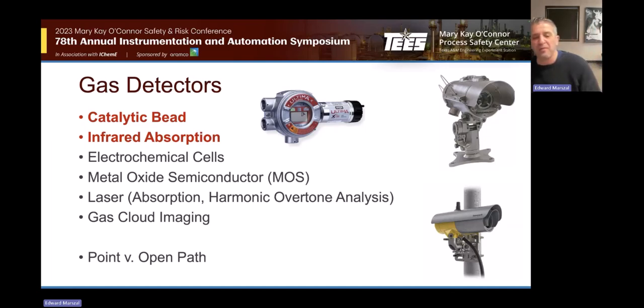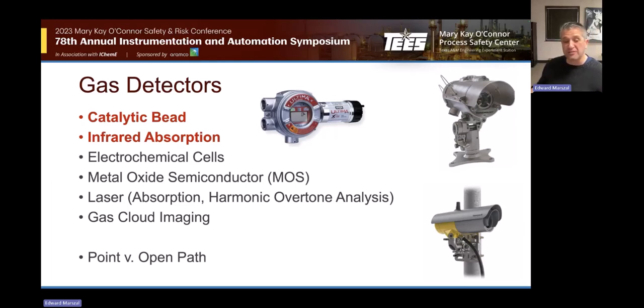And there is an up and coming interest in gas cloud imaging. So we're going to use cameras and LiDAR type technology inside the cameras to try to see gas clouds from an image. But again, today I'm going to focus on catalytic bead and infrared absorption.